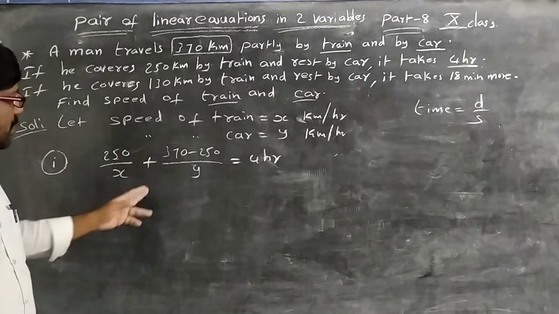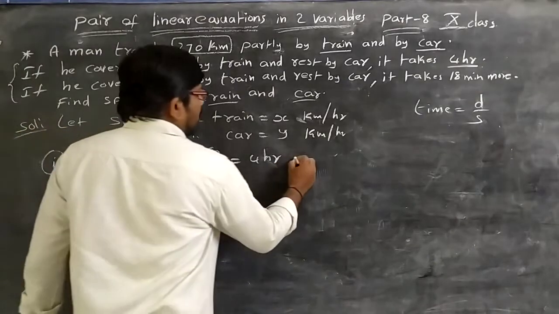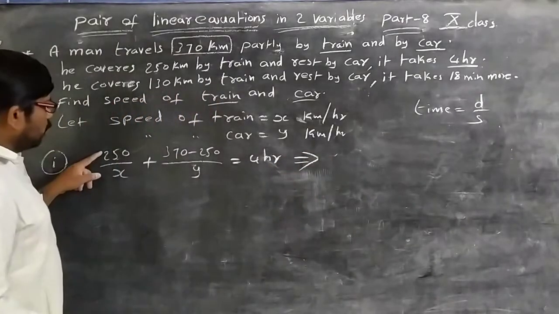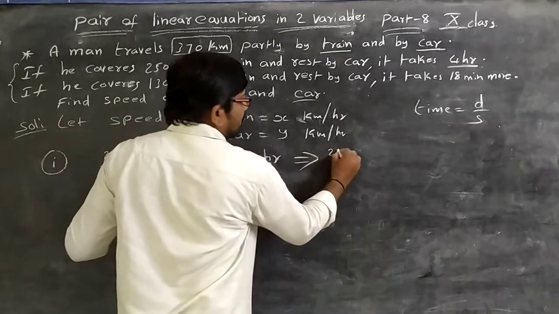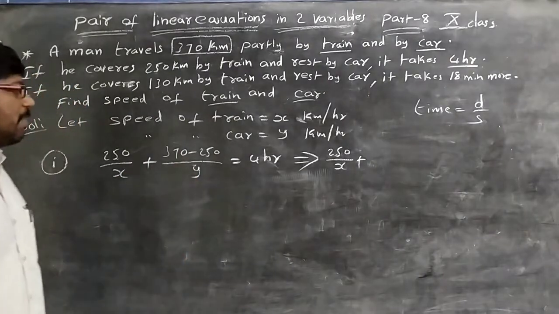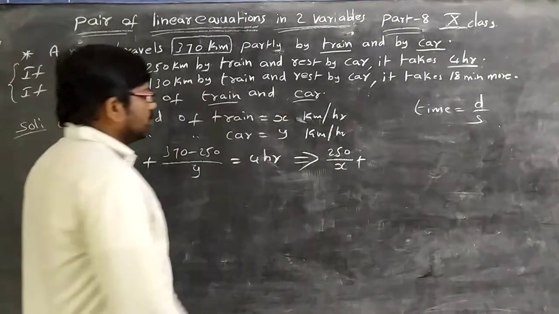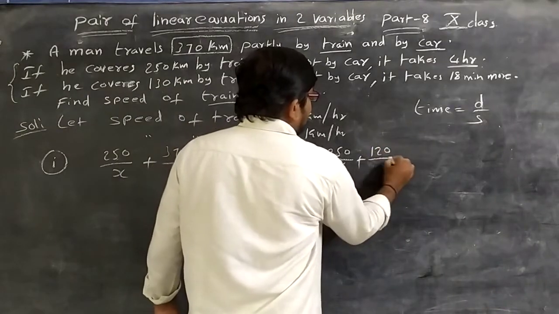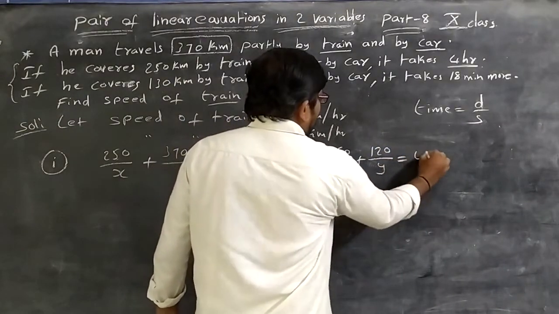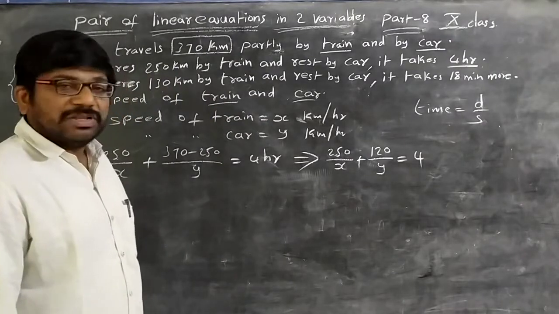Simplifying this, we get 250 by x plus 370 minus 250, that is 120, by y is equal to 4. So this is the first equation.